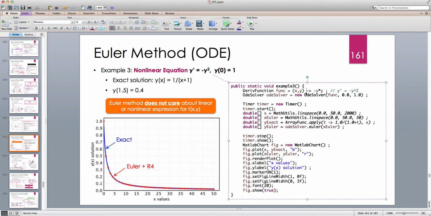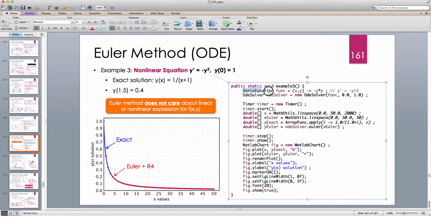And here's the code, and again the structure is exactly similar to the previous ones. Actually, we just changed one line of code, which is the definition of f of x and y, the derivative function. Everything else is exactly the same. So I hope you appreciate how nice this is, because jumping from one problem to another problem, we only need to change one line of code in principle.